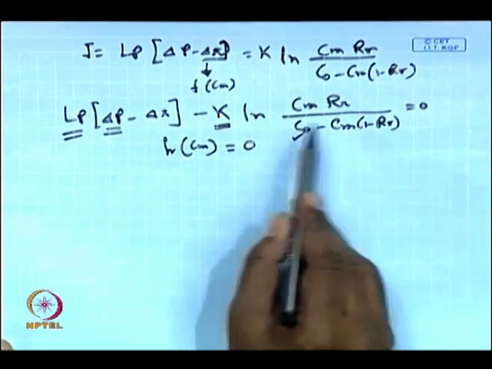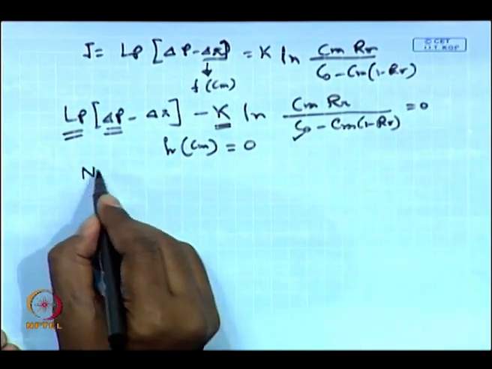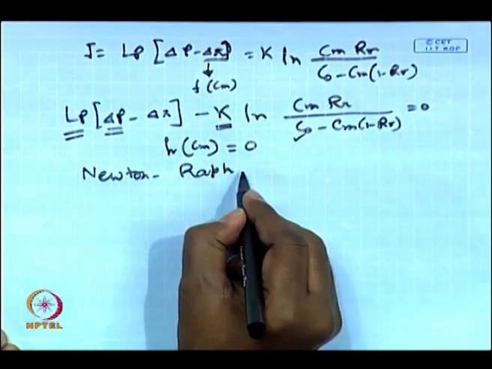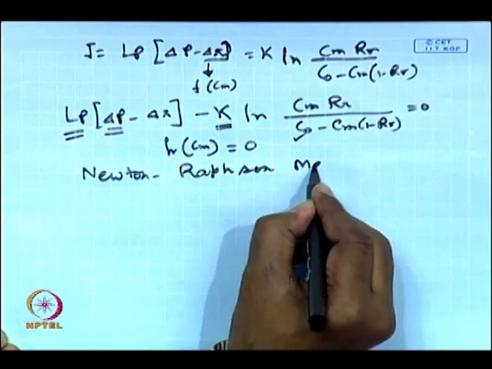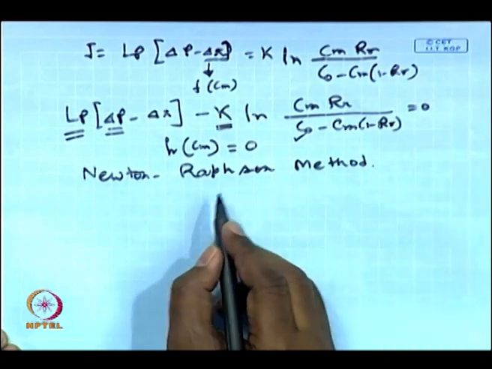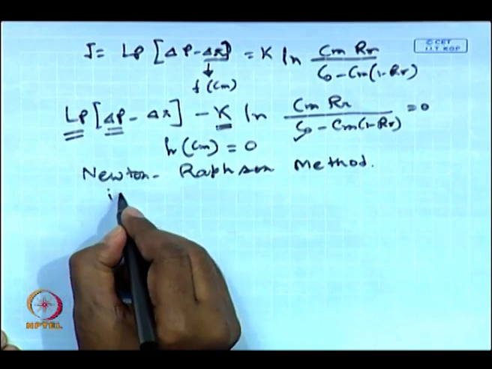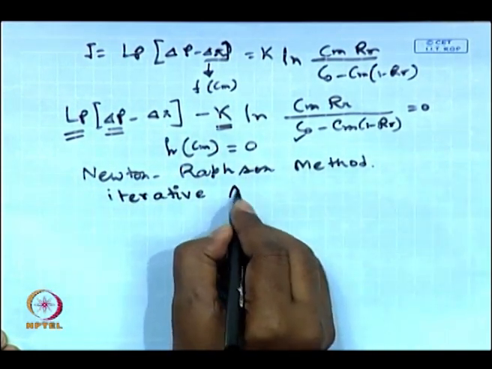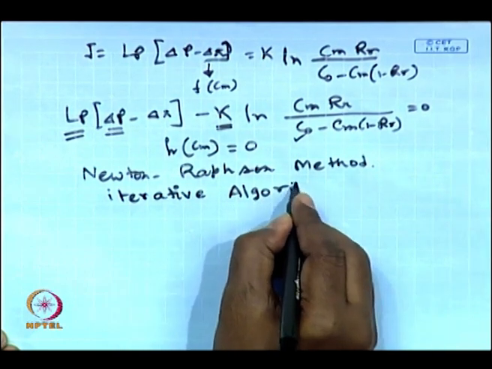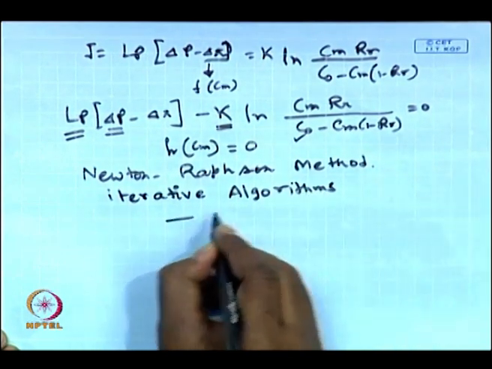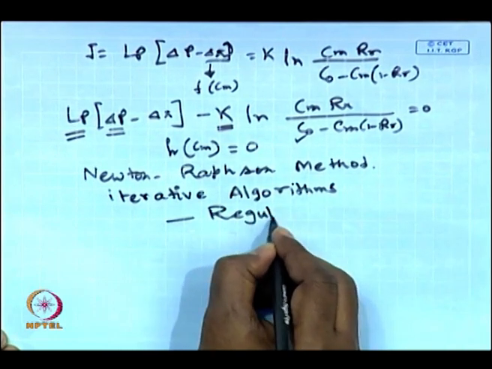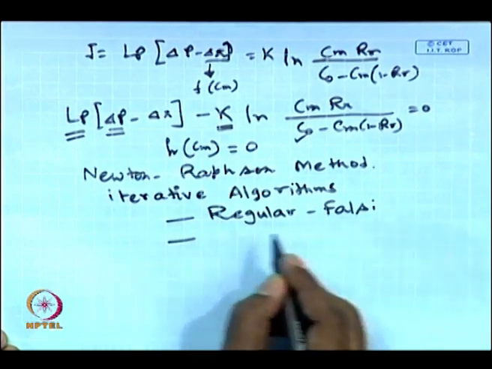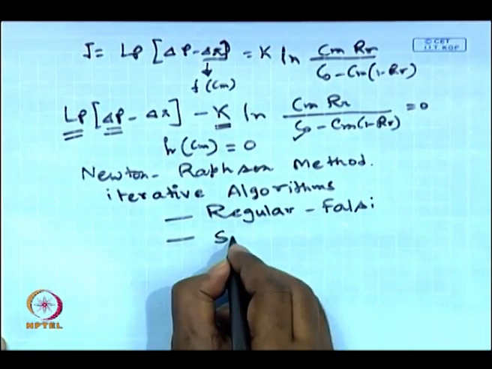So, by using trial and error solution, one can use Newton-Raphson method. There are other iterative algorithms also available, like regula falsi, successive substitution.